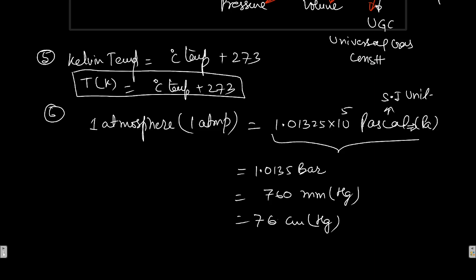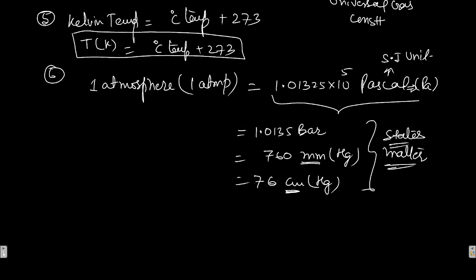Actually friends, the millimeter and the centimeter are the height in the barometric column. This will also be discussed in the gaseous state, states of matter chapter. We will discuss it again. There is no problem, so here you have to compromise a little.